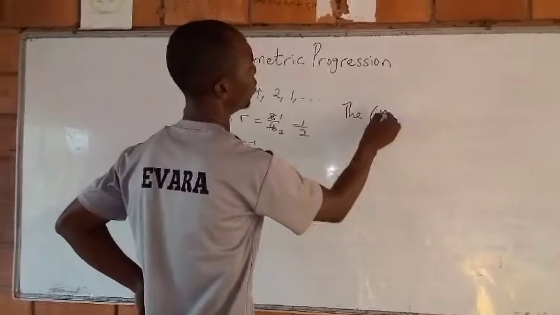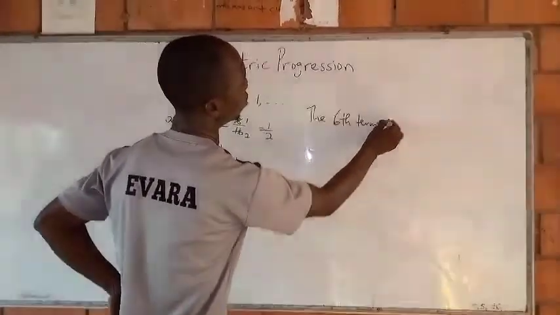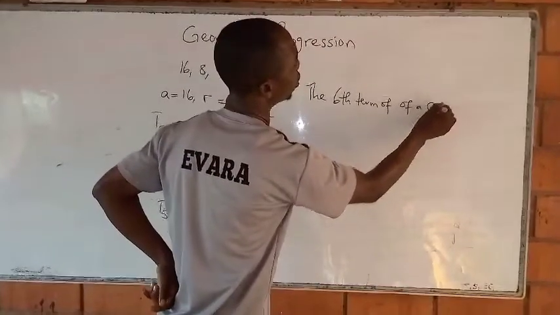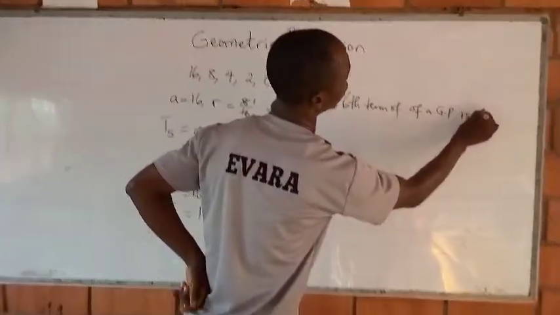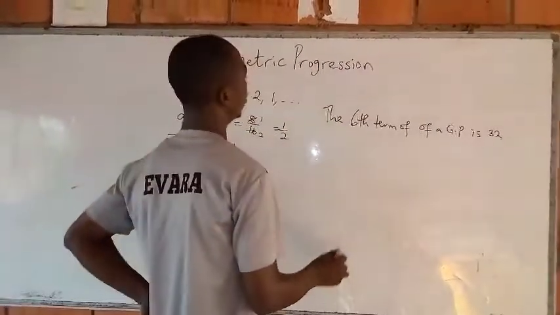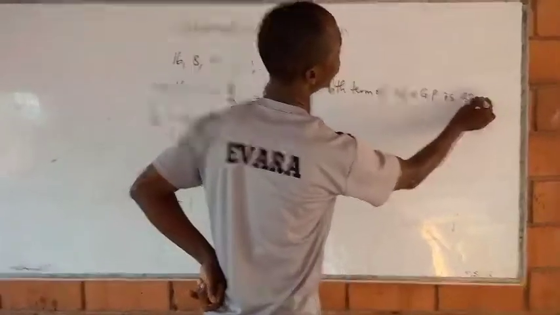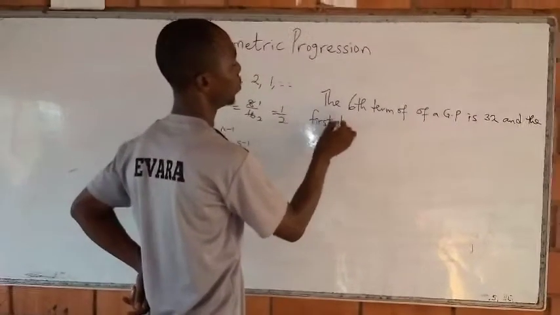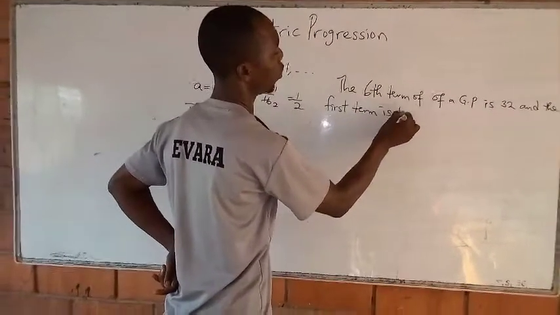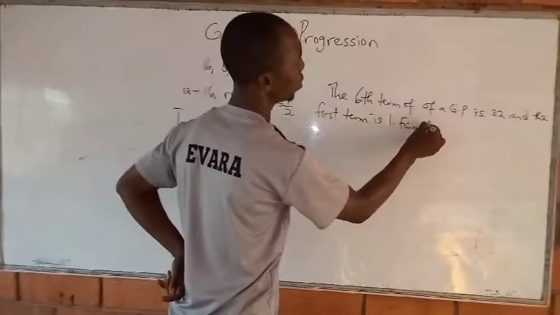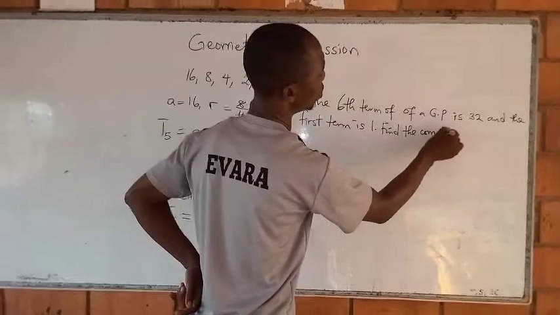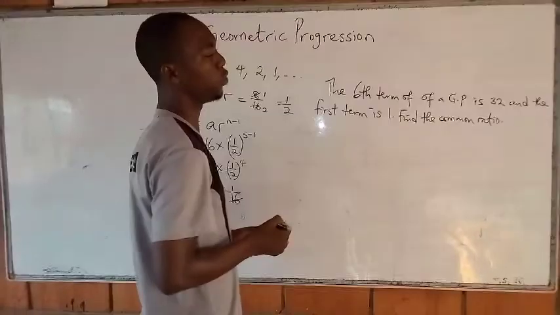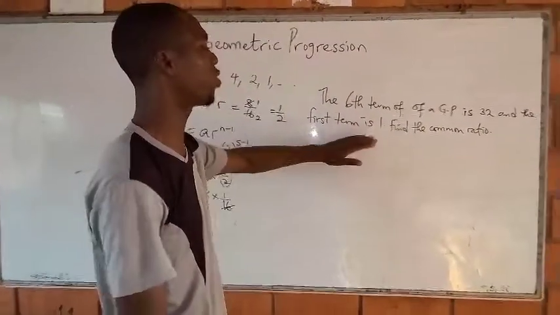The sixth term of a geometric progression is 32, and the first term is 1.